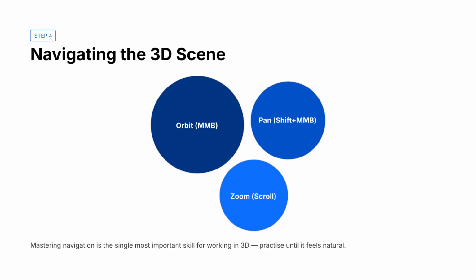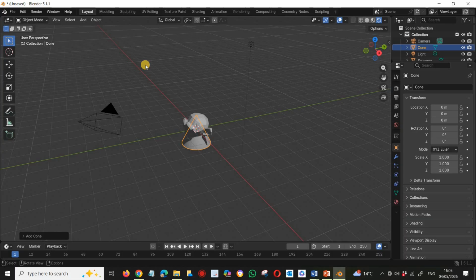Step 4. Navigating the scene. Before we move the hat, let's practice moving our eyes. To zoom in or out, roll the scroll wheel on your mouse.